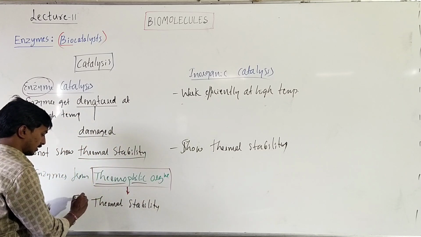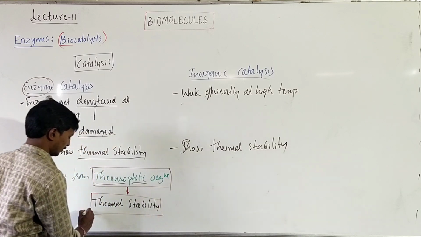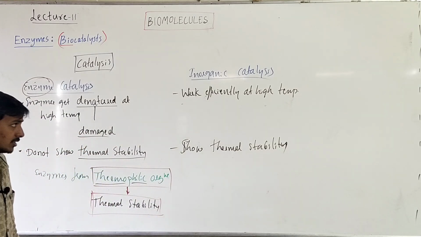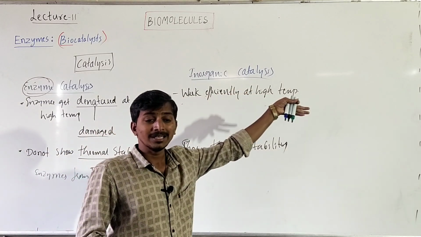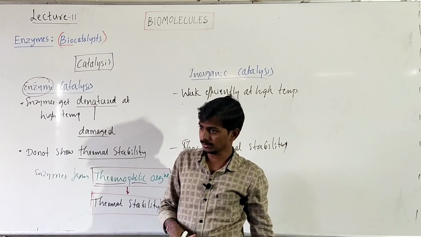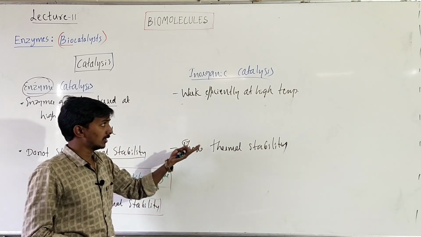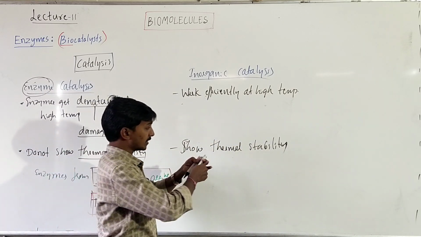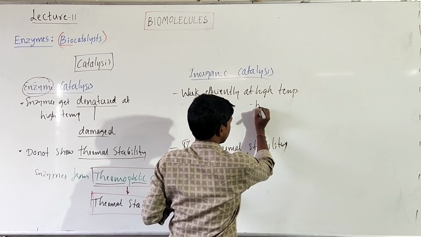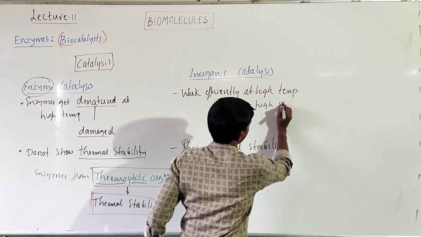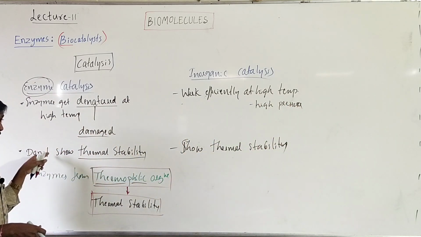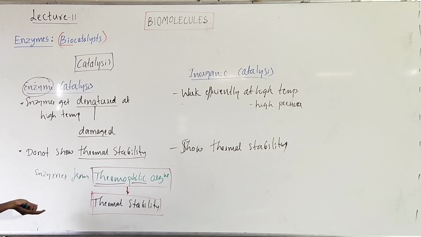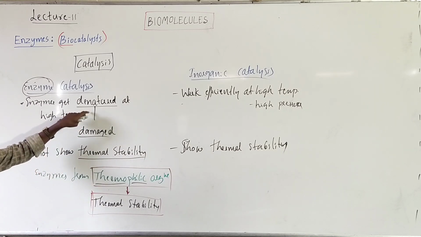So this you should keep in your mind. Inorganic catalysis works irrespective of the temperature or the pressure. It will work efficiently even at a high temperature and sometimes high pressure also. But enzyme catalysis will not work, because the enzymes, mainly the proteins, will get denatured or damaged.